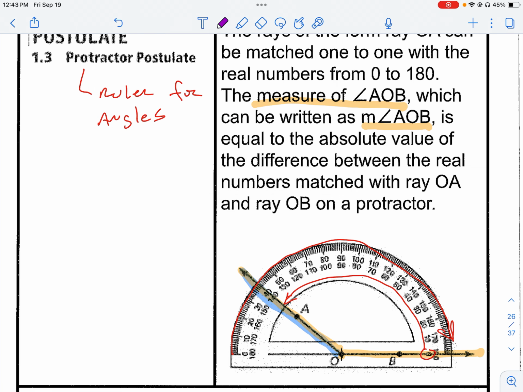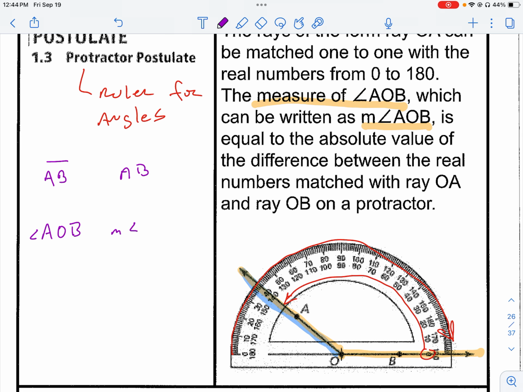Recall from our segments that we have segment AB, or if we write just AB, that's the length of AB. Well, with angles, we have here angle AOB, that's the actual angle and all the points on it, the interior, the exterior.